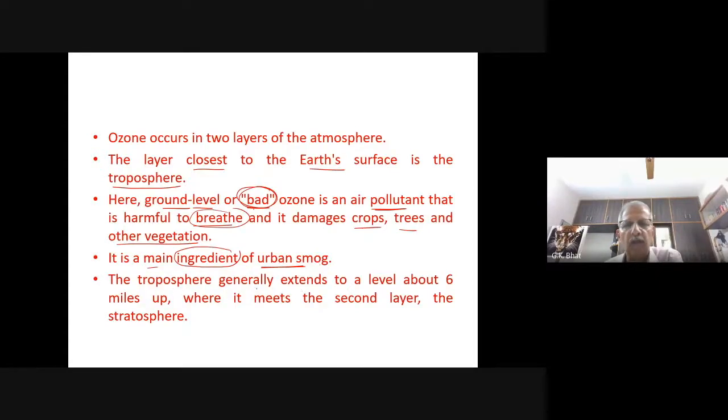The troposphere generally extends to a level of about 6 miles up from the Earth's surface, where it meets the second layer, that is the stratosphere. Let us look into that.